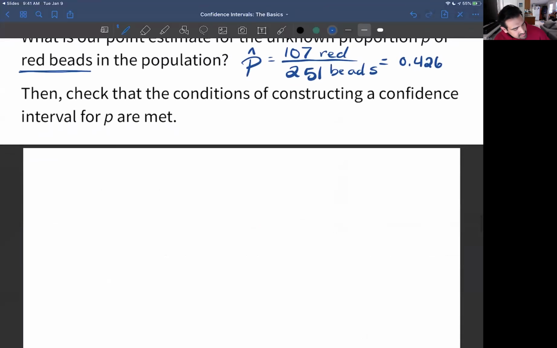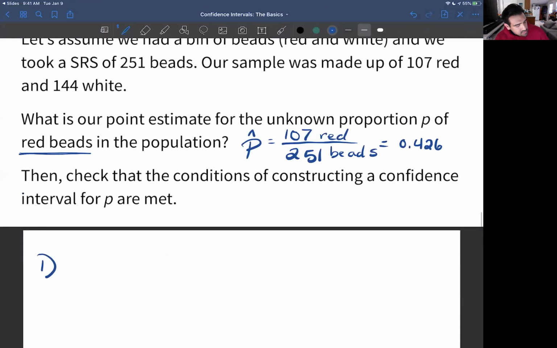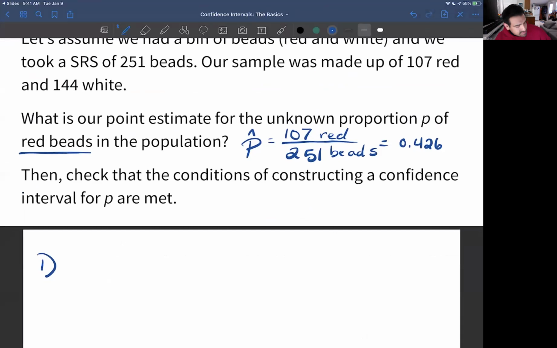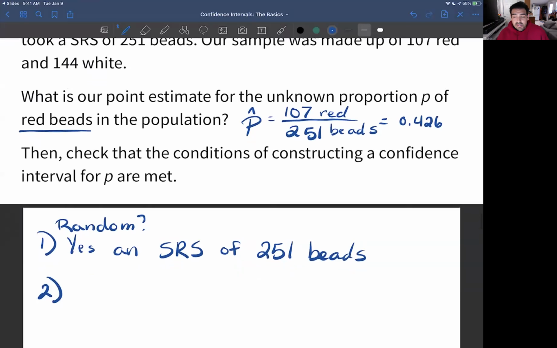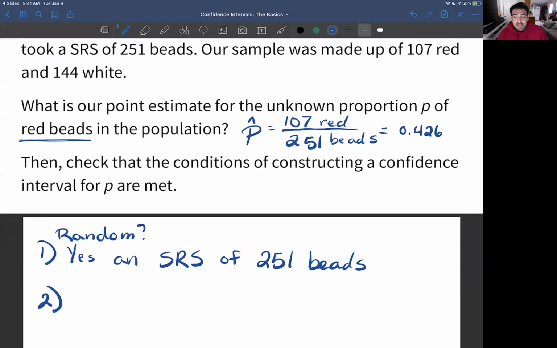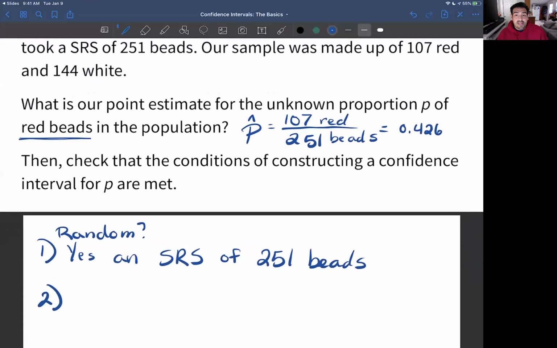So our first condition, was this a random sample? Yes, we can say yes. An SRS of 251 beads meets the random condition. Our second condition, can we assume that we're dealing with less than 10% of the population?